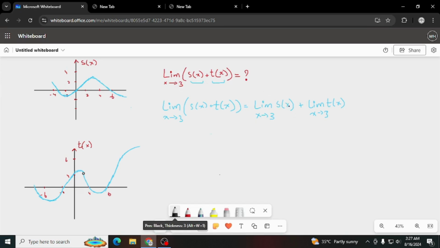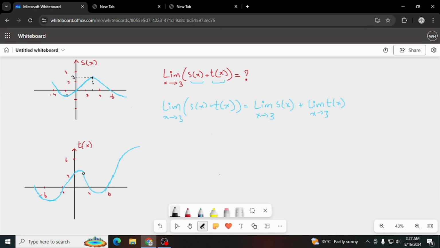What's the limit of s of x as x approaches 3? We have a curve of y equals s of x, and we see that 3 lies pretty much here, and the vertex of this parabola is something like 3 also. We're going to estimate that this is 3 too.